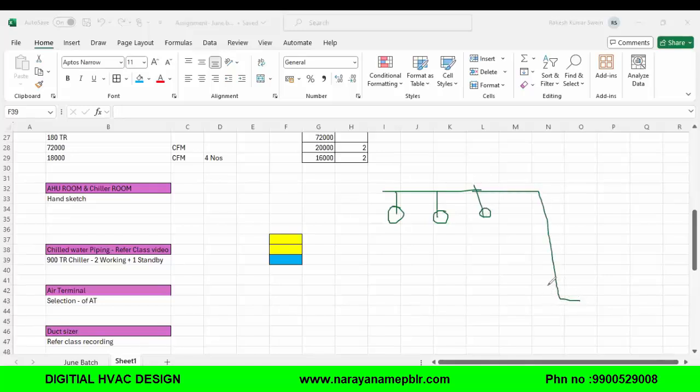There the primary pump and secondary pump were there, and the piping was running to the AHU. From AHU to chiller and from chiller to AHU, those things you need to consider and find out the pipe size.